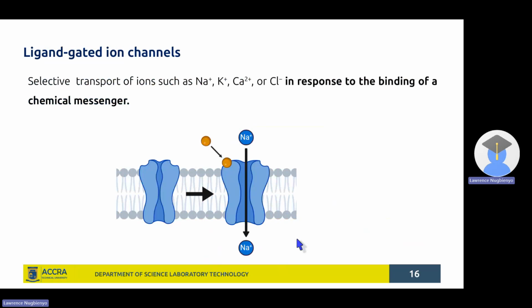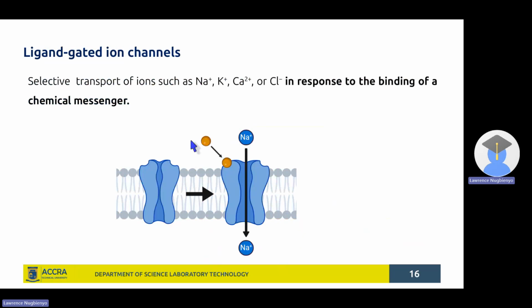Usually you find some proteins, some neurotransmitters like acetylcholine, that bind to the surface of some specific receptors, and it will trigger the opening of some channels for some ions, which will then result in transmission of some electrical signal in nerve cells.